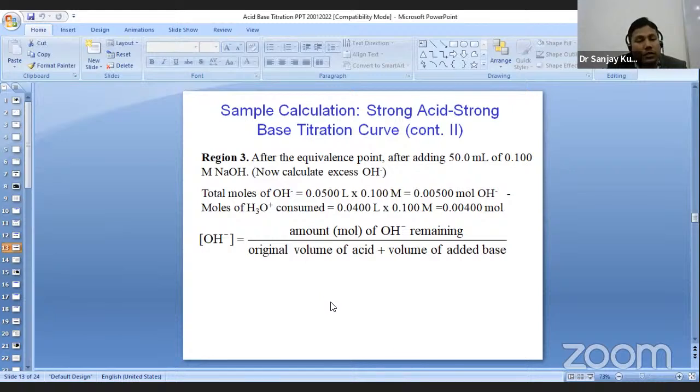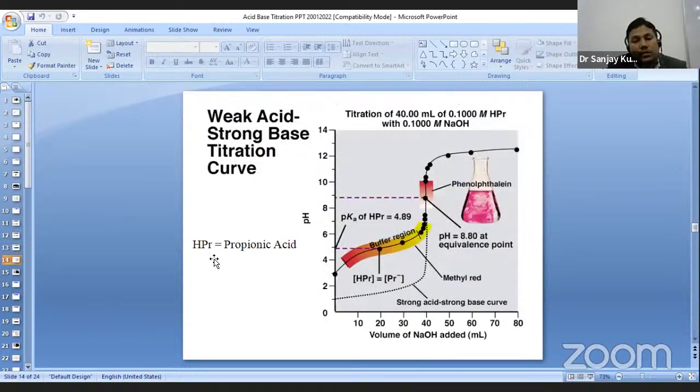We can calculate the hydroxide ion present in that given solution or sample. Next, suppose we take a weak acid and weak base, then how is the previous plot different from this one? So here you can see, simple.